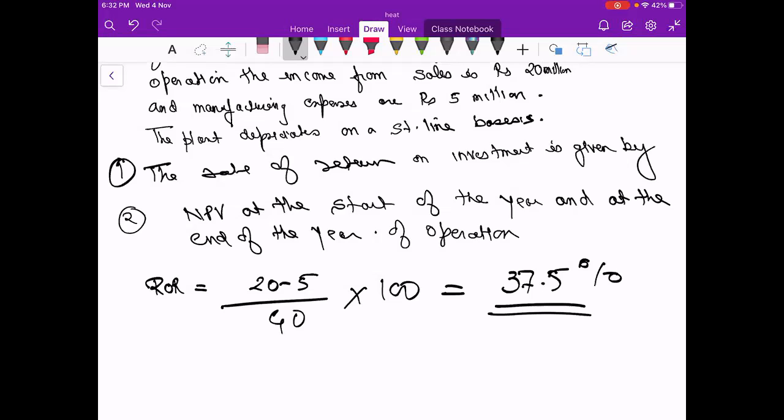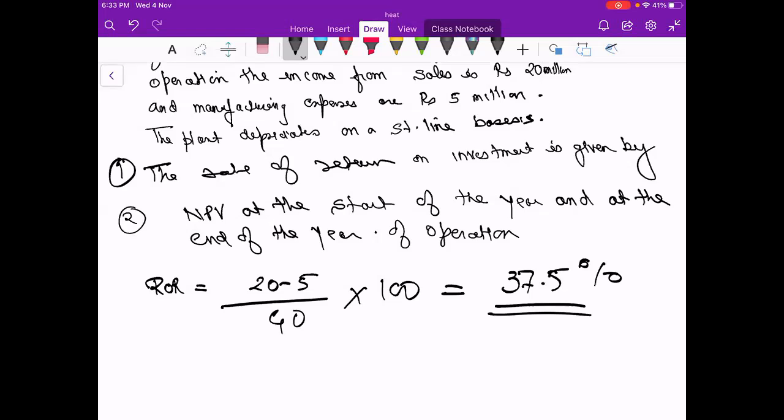You can remember this point, because someone may say that from that profit we have to pay income tax. Yes, we have to pay income tax, but by default the profit for ROR is without paying income tax.